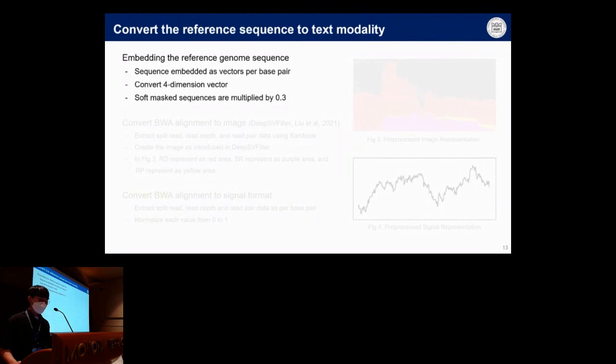Sequence data was embedded as 4-dimensional vectors per base pair. If they have soft-masked sequence, they are multiplied by 0.3. The soft-masked sequence is less meaningful compared to the normal sequence, so we scaled this sequence. These data are then used as the text modality.